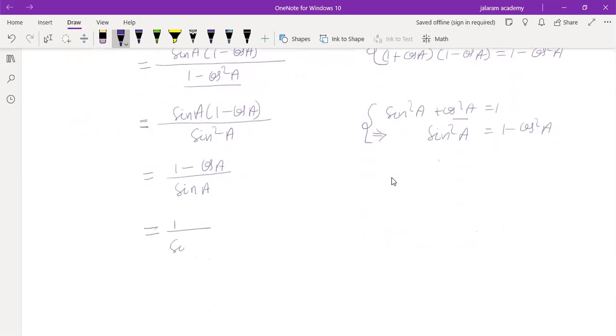First we write 1 by sin a minus cos a upon sin a. Now 1 by sin a is cosec a, and cos a upon sin a is cot a, which equals RHS. Hence proved.